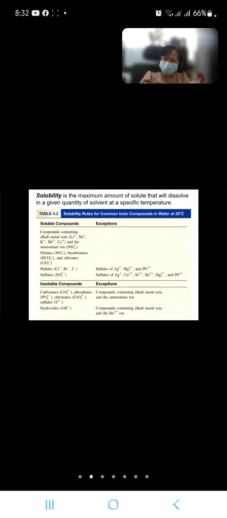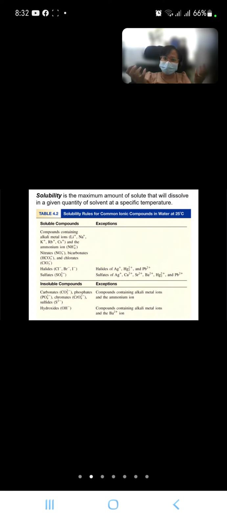And sa atong definition a while ago, strong electrolytes are those substances that when dissolved in water will dissociate. Strong electrolytes are electrolytes that when dissolved in water will result to a solution that can conduct electricity, di ba? So nganong makakonduct sila electricity?